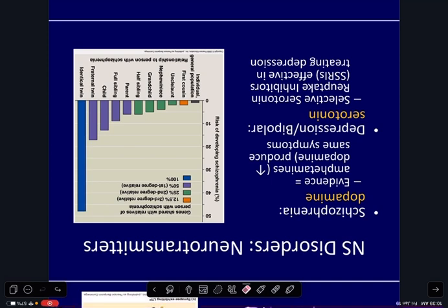I already mentioned that often in depression or bipolar disease, the neurotransmitter serotonin has been implicated. And the more modern drugs called SSRIs, selective serotonin reuptake inhibitors, have been shown to be effective in treating depression.